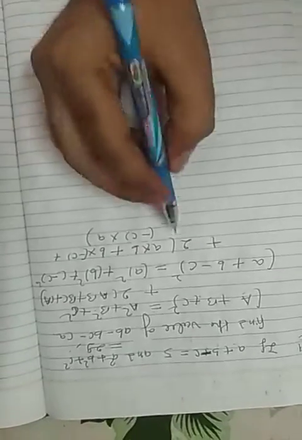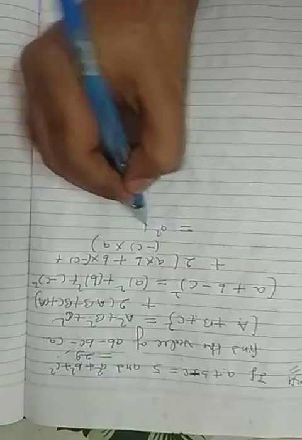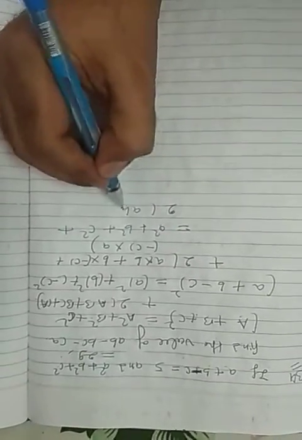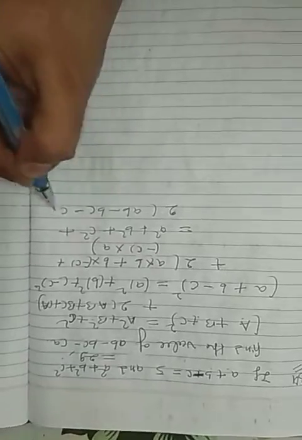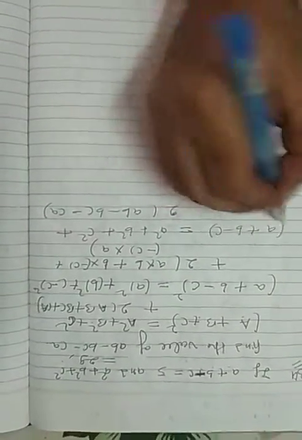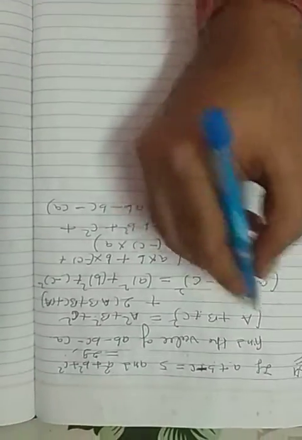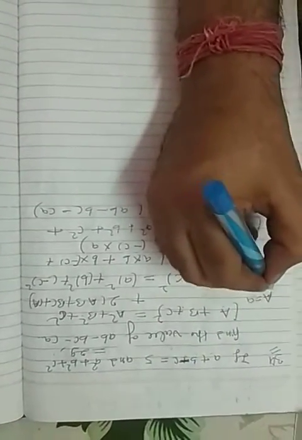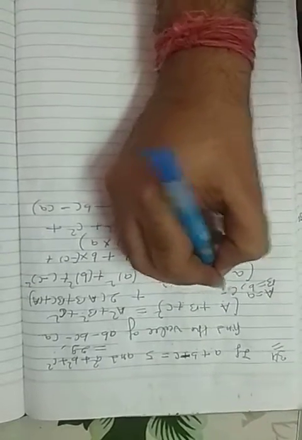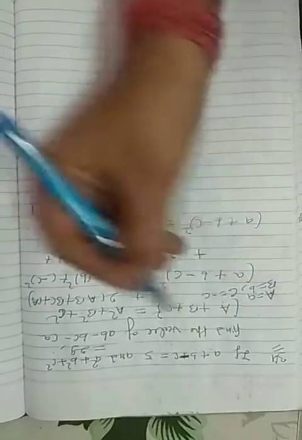So you see, this is a square plus b square plus c square plus twice of ab minus bc minus ca, and here is a plus b minus c whole square. So here we put capital A equal to a, capital B equal to b, and capital C equal to minus c.